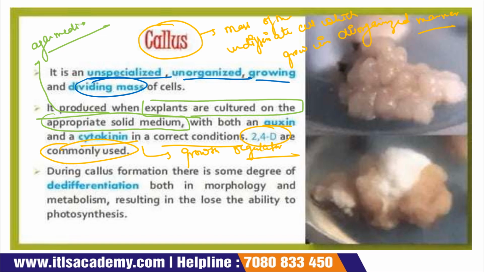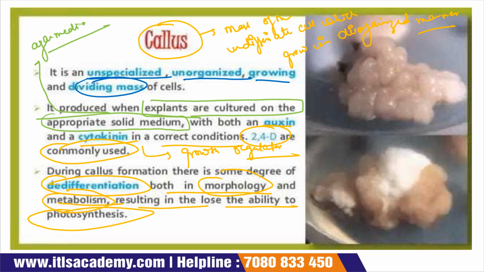During callus formation, there is some degree of de-differentiation in both morphology and metabolism, which results in the loss of the ability of photosynthesis. So callus is an unspecialized, unorganized, growing and dividing mass grown from an explant cultured in a media with the growth regulators auxin and cytokinin.